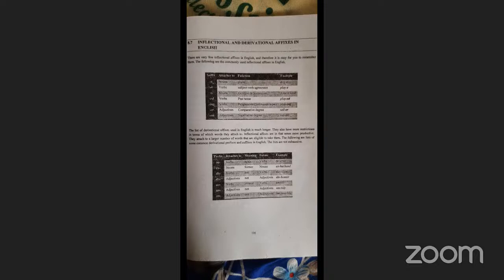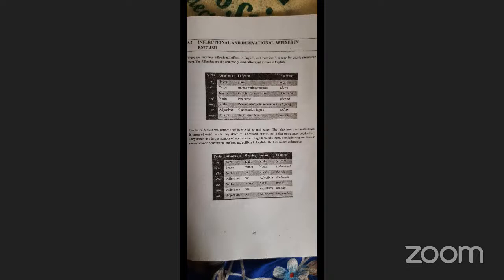So in doing so, the nature of the word also changes. For example, print is a verb, but if you are adding er, it becomes printer. Print could also be a noun.